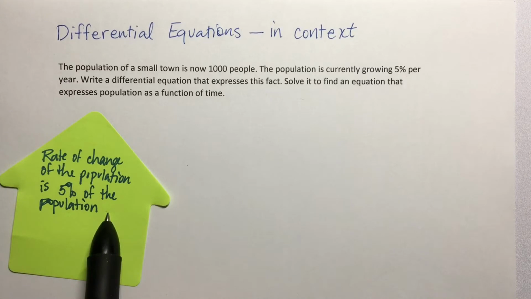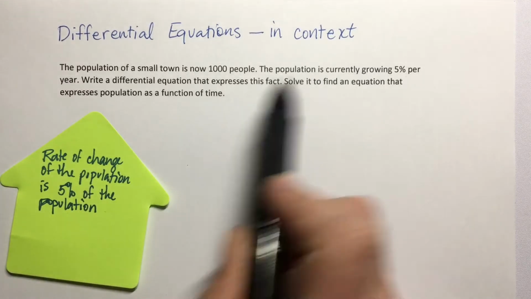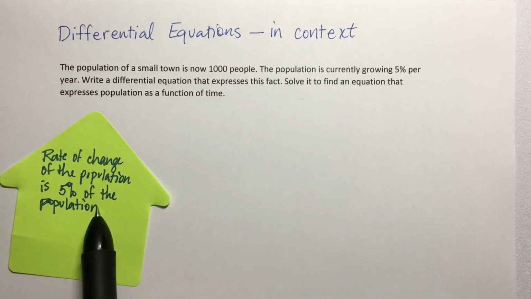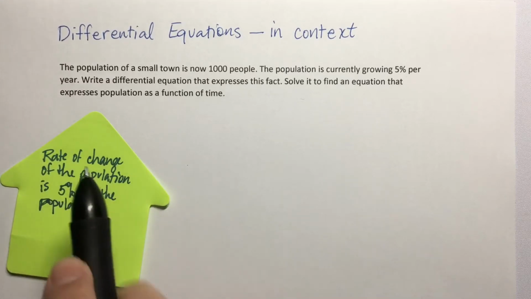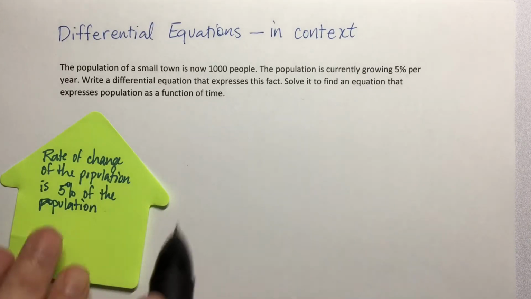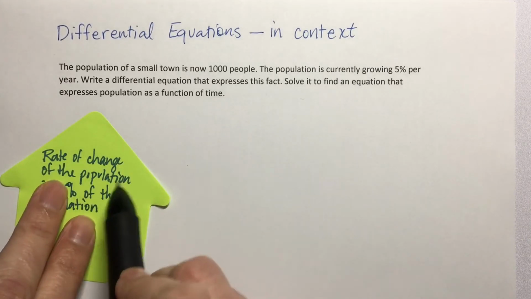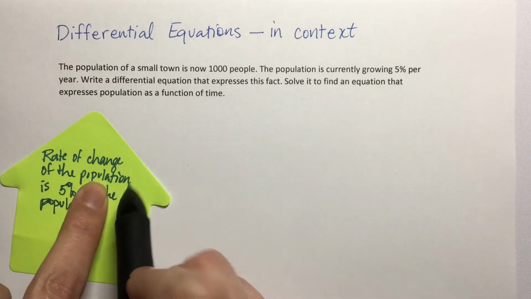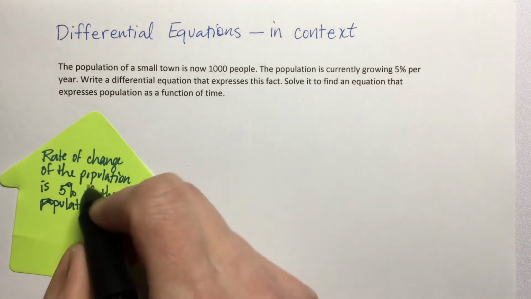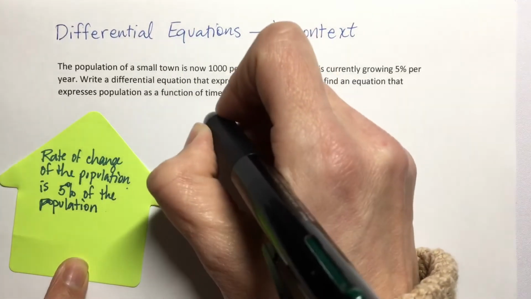I know that's a big leap to get from the sentences that are typed to this. But if you think it through, it is what it's saying, because this will help us to get a differential equation. So rate of change of population. When you see rate of change of something, that's going to be a d something dt. In this case, population, so how about dp dt?